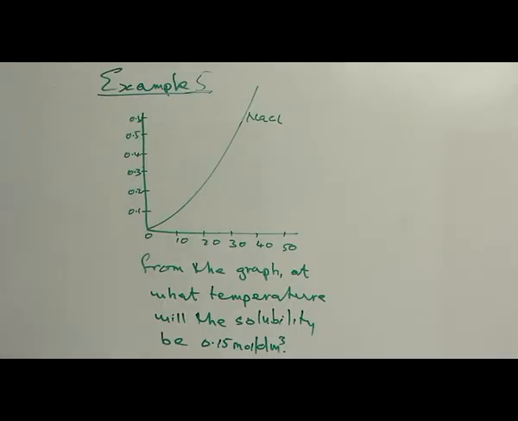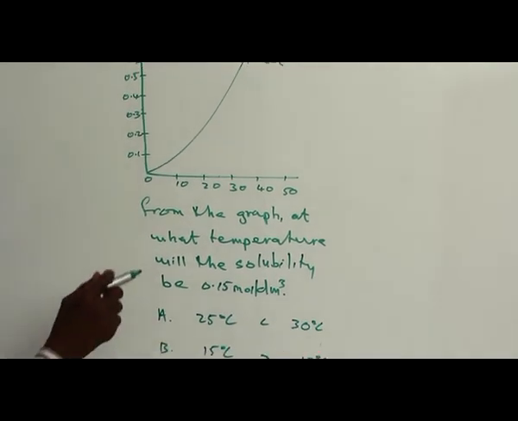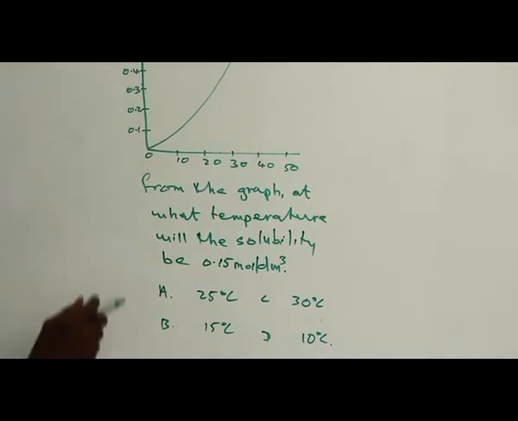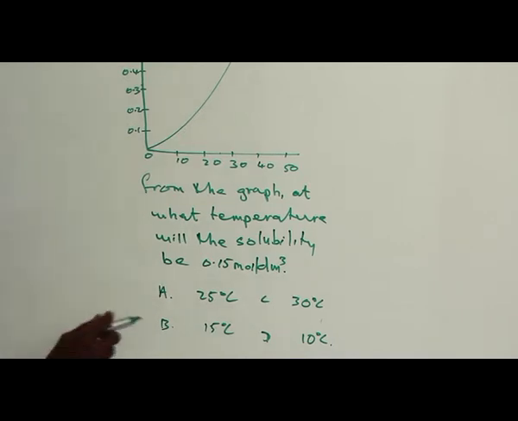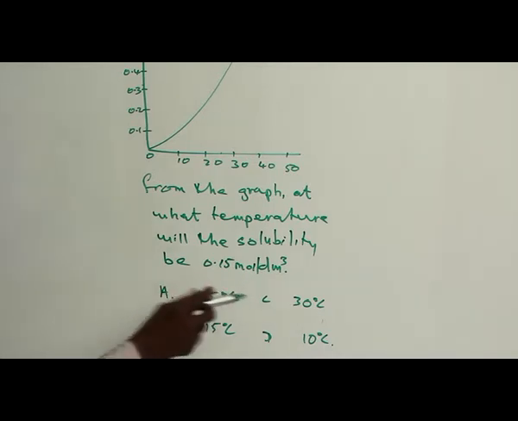Example 5. From the graph, at what temperature will the solubility of sodium chloride be 0.15 mole per dm³? The options are A. 25 degrees Celsius, B. 15 degrees Celsius, C. 30 degrees Celsius, and D. 10 degrees Celsius. Solution.